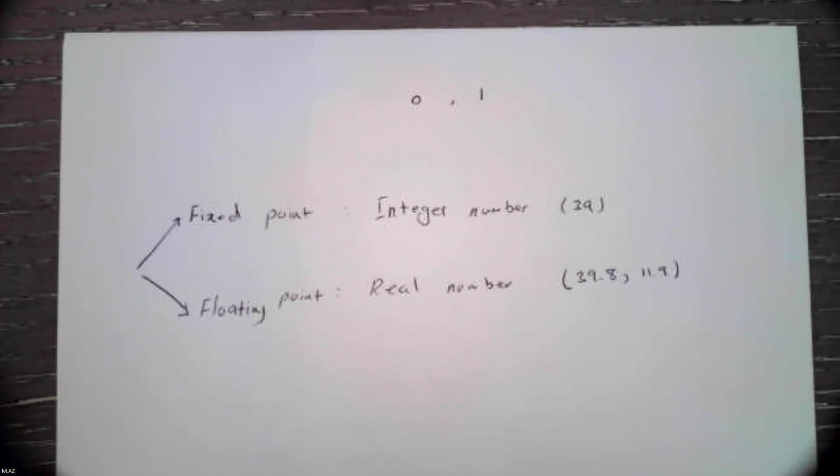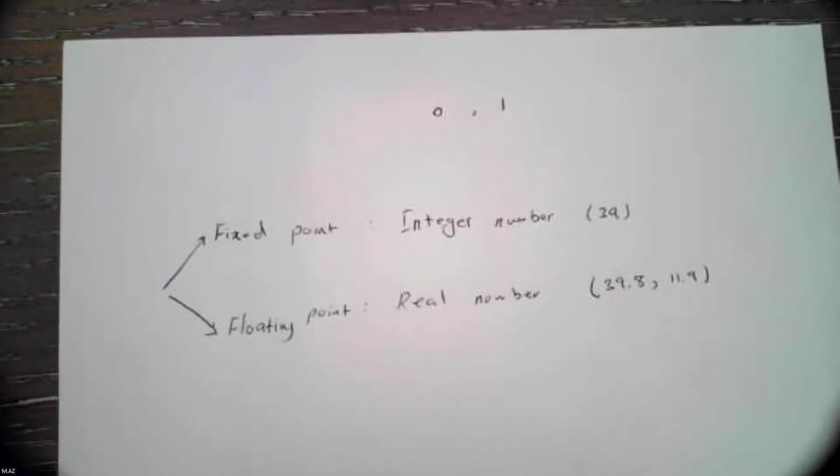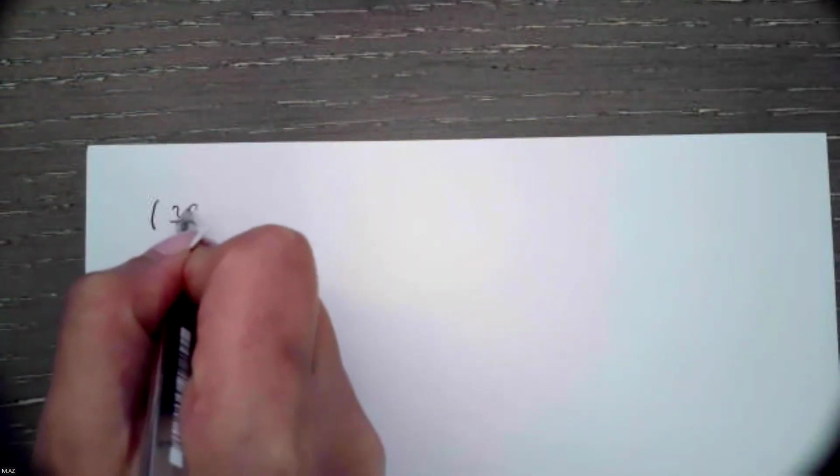First, we start with how we can store an integer number on a computer. For storing an integer number on a computer, first we have to convert the decimal number to binary format. For example, we have this integer number 39.